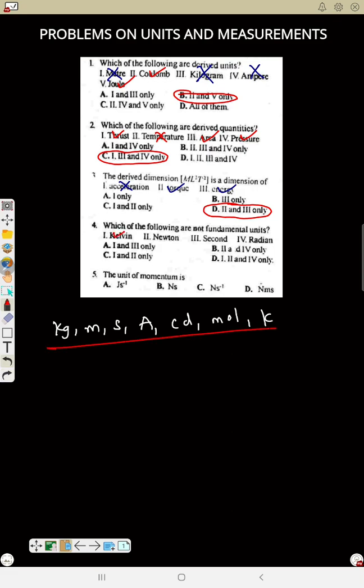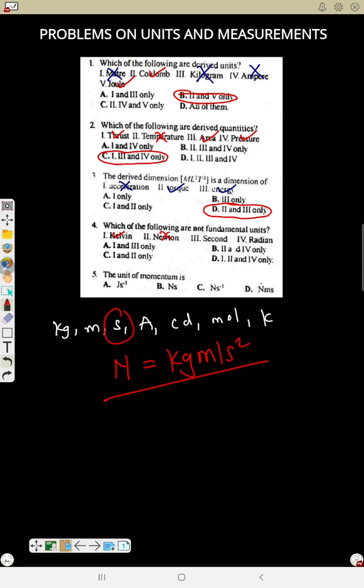Newton is not here, so it's not a fundamental unit, because Newton is kilogram meter per second square, so it is a derived unit. Then second is here, so it's a fundamental unit. Radian is not here, so it's not a fundamental unit.